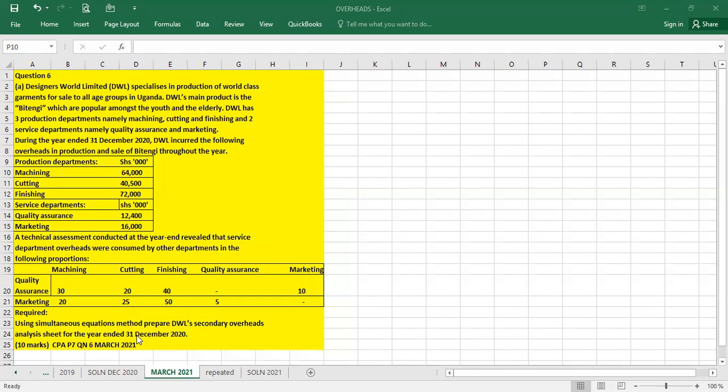But what happens is that by the time we are distributing this figure, it keeps on reducing. When it reduces, we make sure that we stop at a point where the figure is insignificant or immaterial, that you can even ignore.